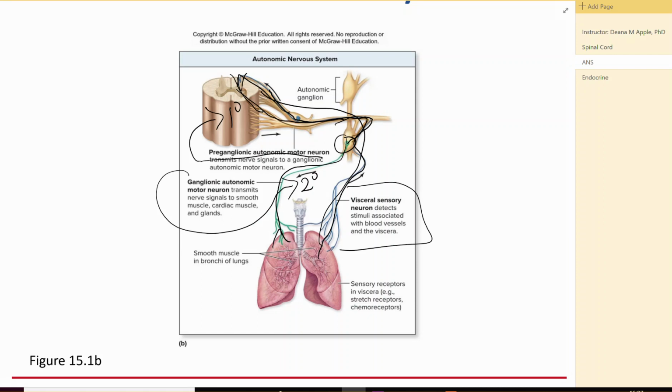Does that make sense? That's why it's so important that y'all remember all of those terms from AMP1. You need to know what a ganglion is. You need to know what a nucleus is. You've got to understand the differences because that's going to help you figure out where these cells are originating and where they're projecting to. All right, so this is a 2-neuron system. ANS is a 2-neuron system.